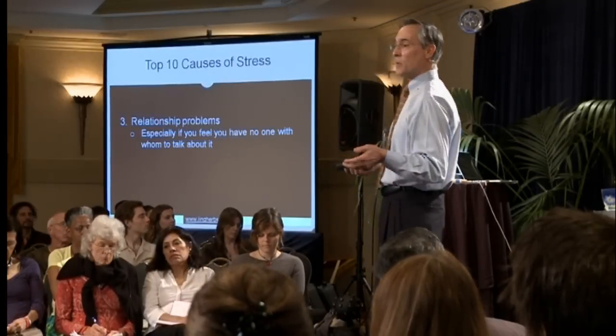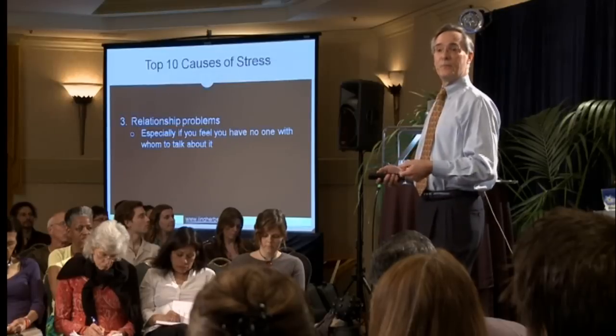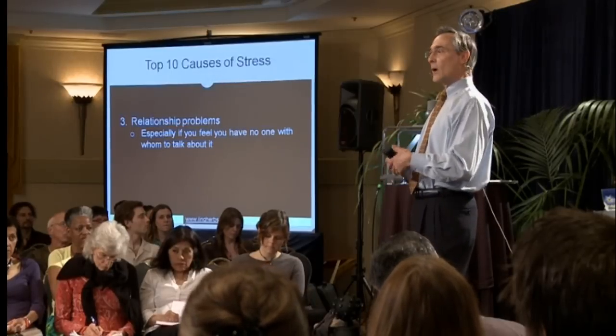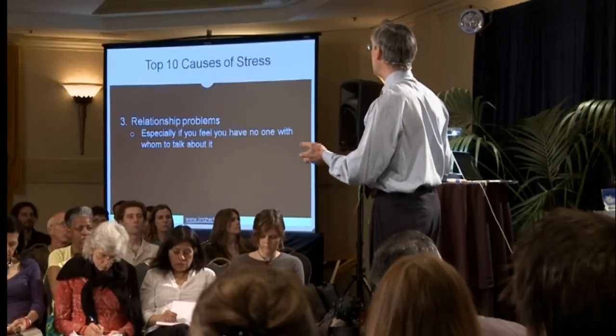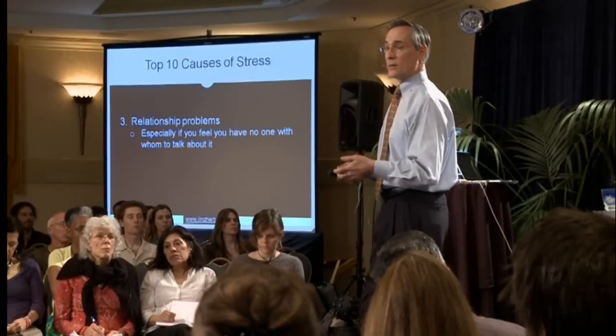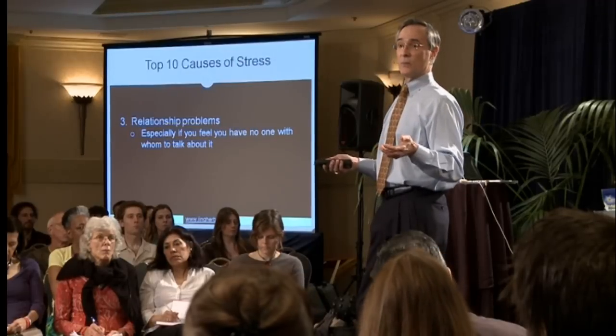Number 3, relationship problems, especially when you don't have anyone to vent to, especially when you don't have communication with the person that you're in the relationship with. So this is a big cause of stress in people's lives.